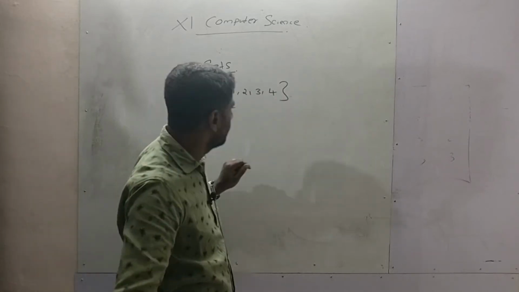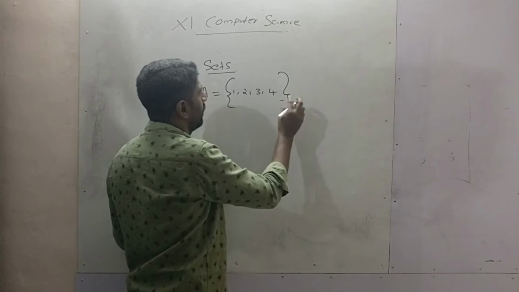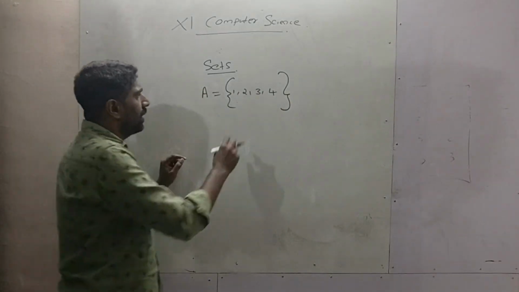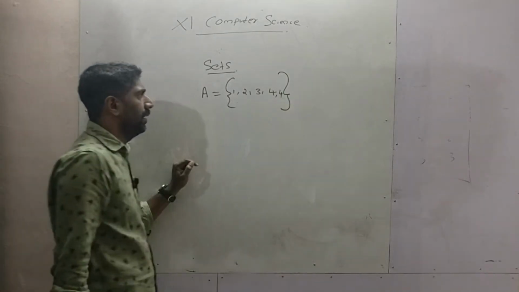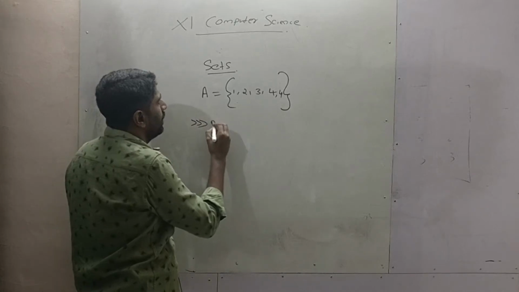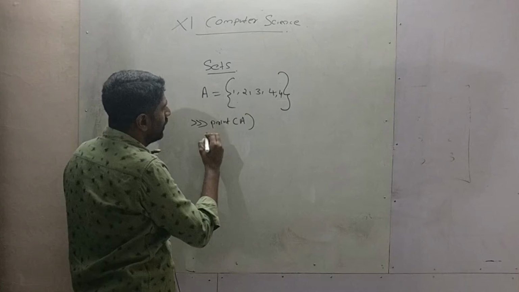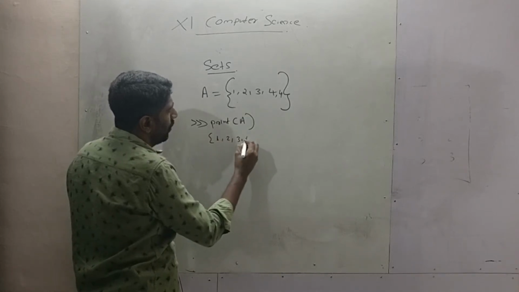And here also curly braces. Set elements, for example, here 1 2 3 4, and again one more 4. But if you print this a, then you will get only the result 1 comma 2 comma 3 comma 4.